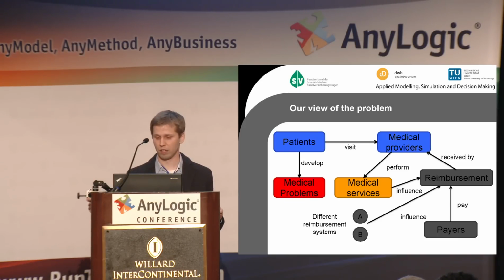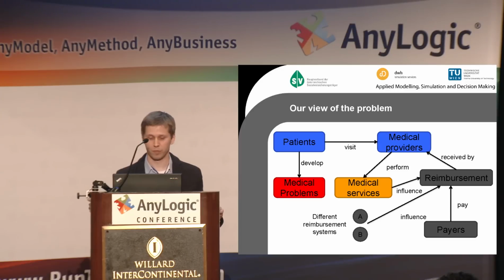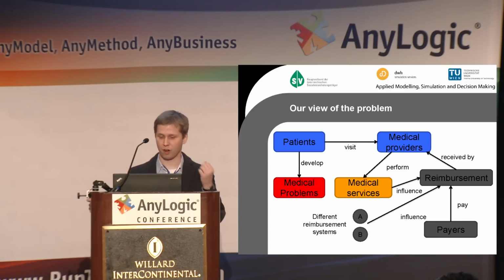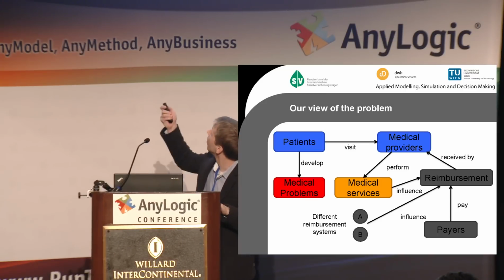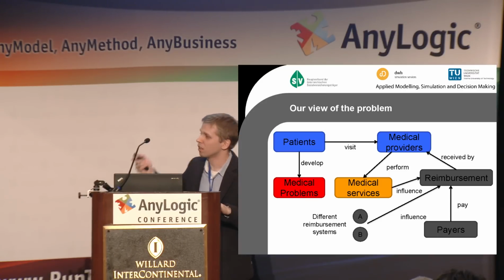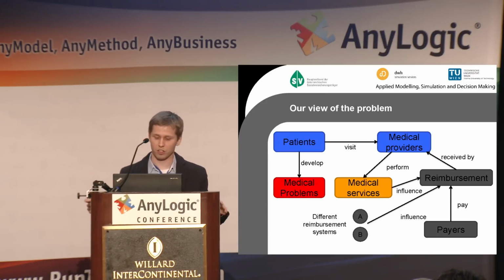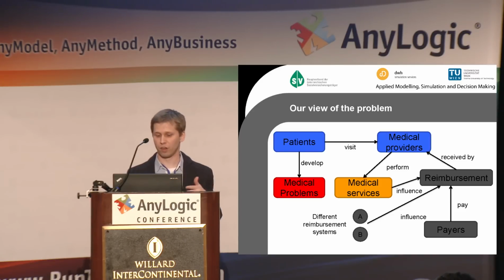In the model, which we built in AnyLogic, you can find these objects, for example the patients, which are on the left side. We have different medical provider types because we have different data on the different specialties.